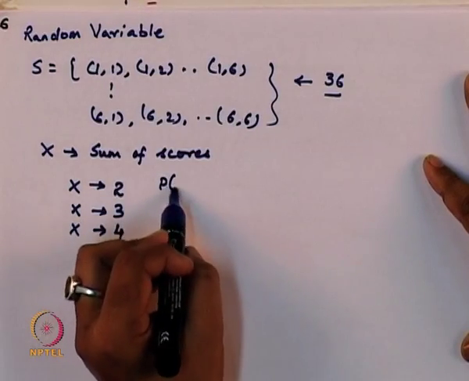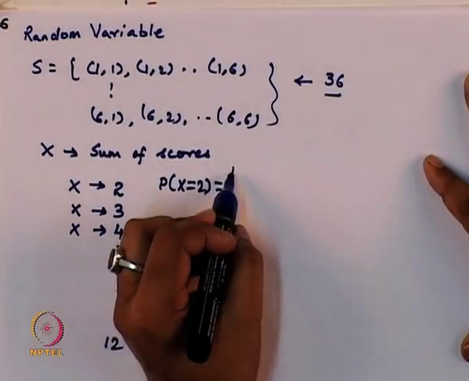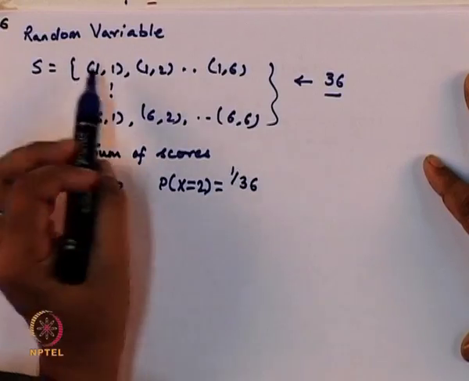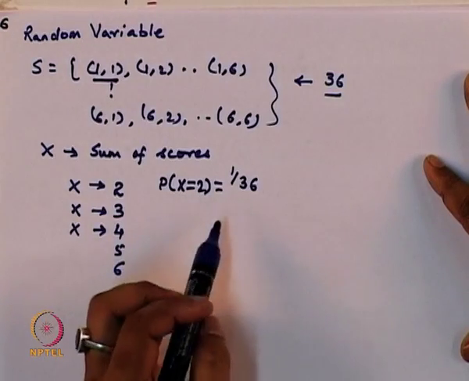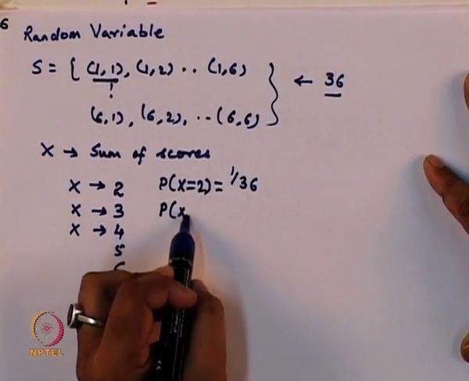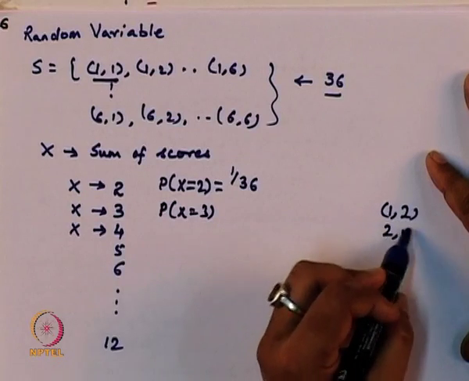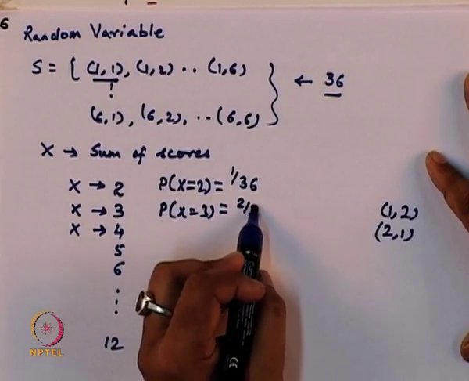So, I can compute the probability of x equal to 2, which is nothing but 1 by 36, because you have only this particular combination which gives you a value of 2. What is the probability of x equal to 3? What are my combinations? Either I have 1 2 or 2 1. Probability of x equal to 3 is 2 by 36.